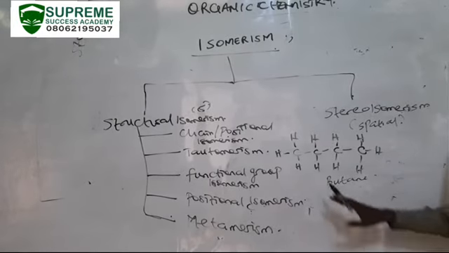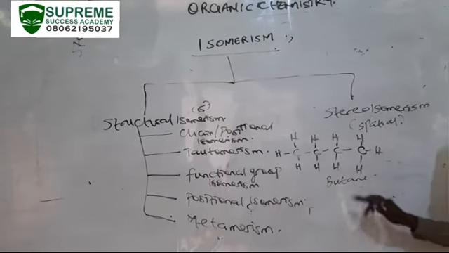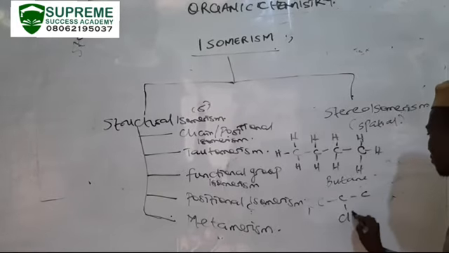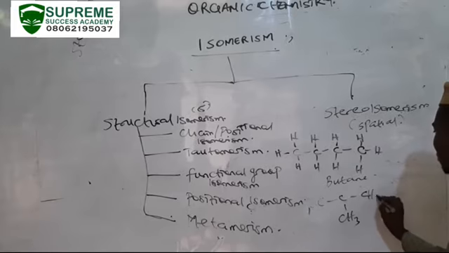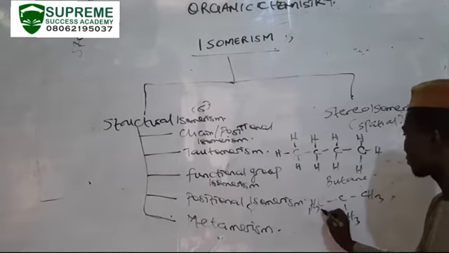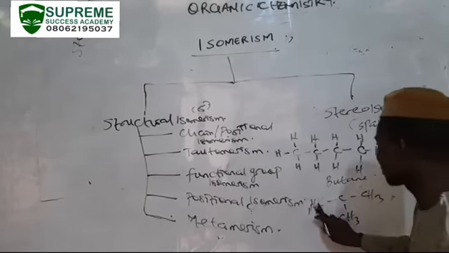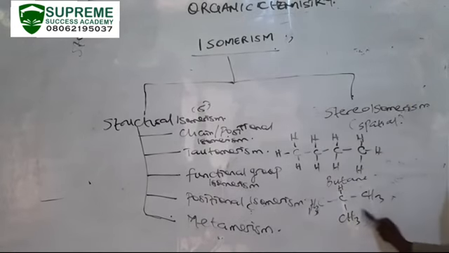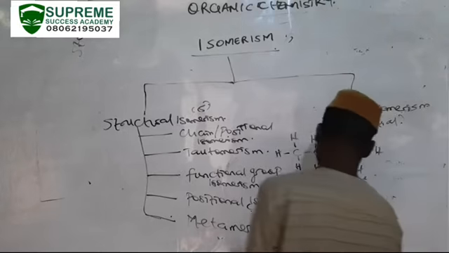Butane has 4 carbon. I will be using the condensed format. This is 2-methyl-propane.